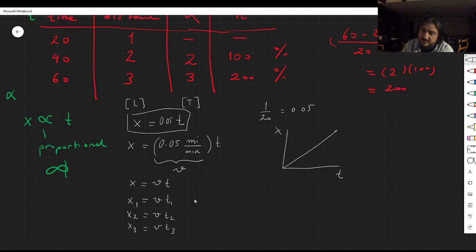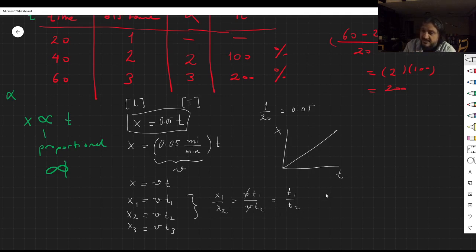Now I can think of the ratios. What can I write here? I can write x1 over x2 is equal to vt1 over vt2. V's cancel, and I have t1 over t2.